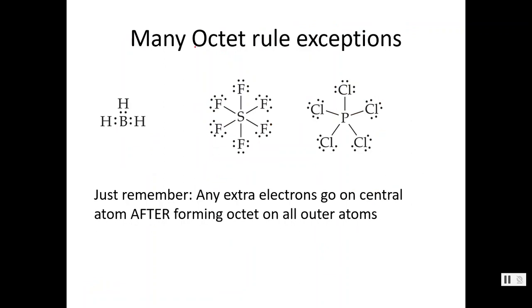Last bit of information about Lewis dot structures for this video. Especially if you go on in chemistry, you will find that there are quite a few octet rule examples that are exceptions to our rules. There are some molecules that have a central atom with less than an octet.